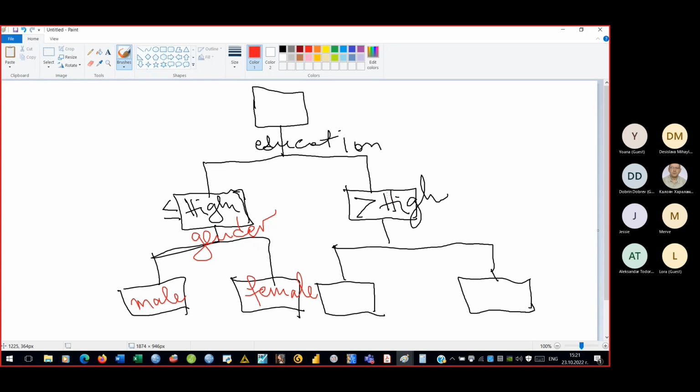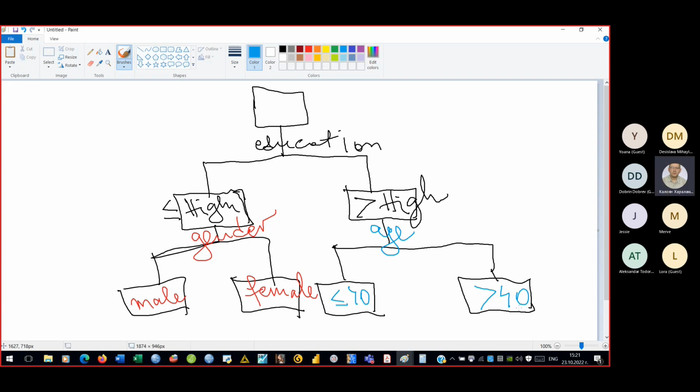And for this group here, for example, the second most important factor to be age. Less than, to say, 40 and greater than 40 years of age, and so on and so on.